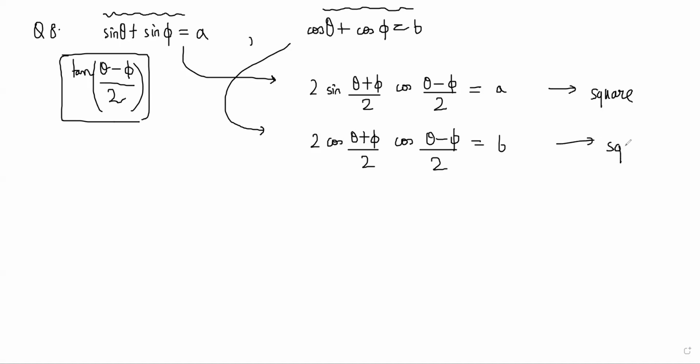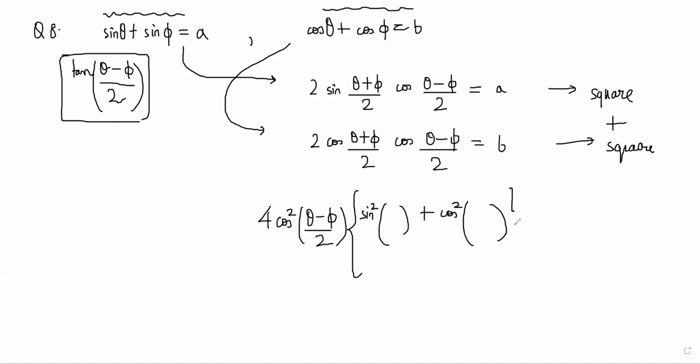One cos square will be common, so it will be 4 cos square (theta minus phi) by 2, and inside the bracket there will be sine square plus cos square, which becomes 1 because they have the same angle. It is equal to A square plus B square. So we have eliminated the angle (theta plus phi) by 2.